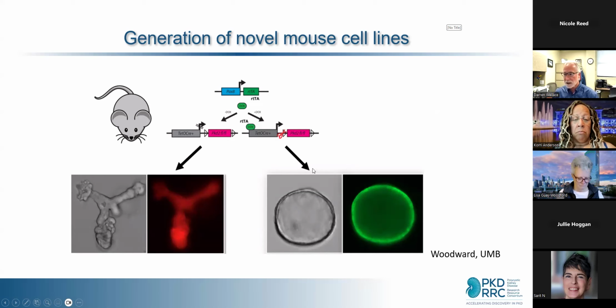So this will be a nice tool for investigators to see if the loss of polycystin 2 gives a particular phenotype. And even in a culture where there may not be 100% knockout of the PKD2, they can identify which cell structures have formed from cells with and without the PKD2 gene.